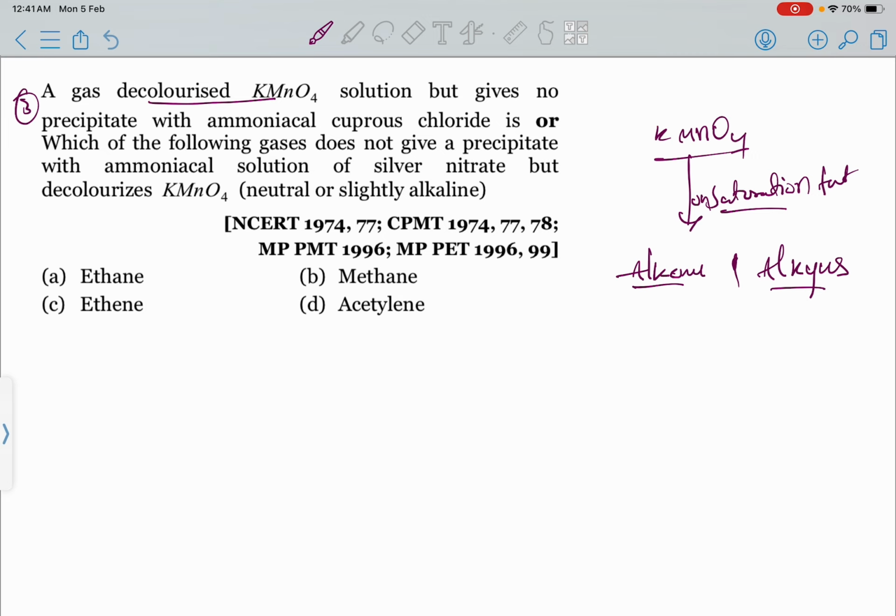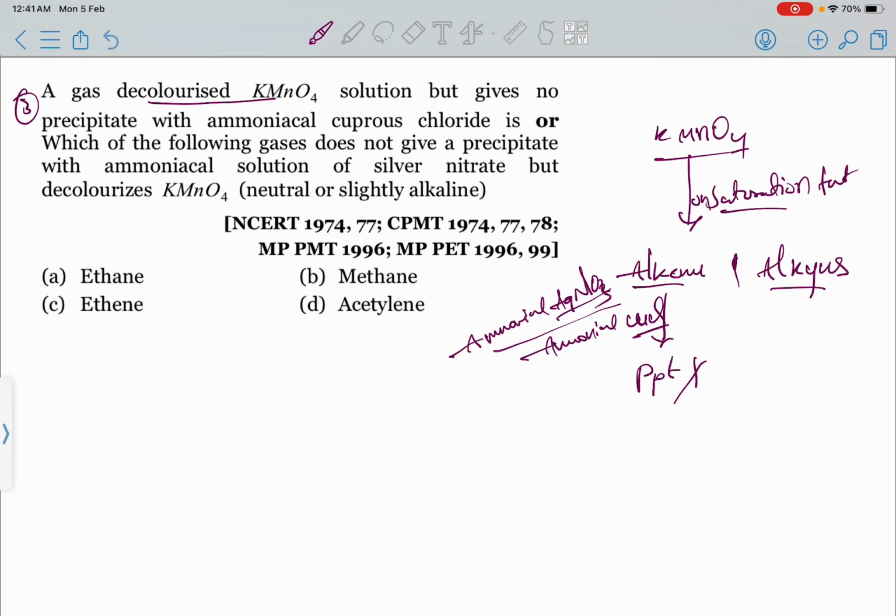But the second sentence he has given is that a precipitate is not formed. Alkenes don't form any precipitate when reacted with ammoniacal cuprous chloride. Terminal alkynes form a precipitate with ammoniacal cuprous chloride or with ammoniacal silver nitrate.